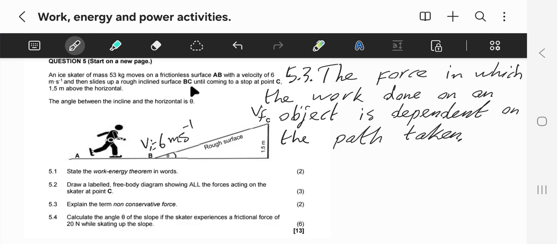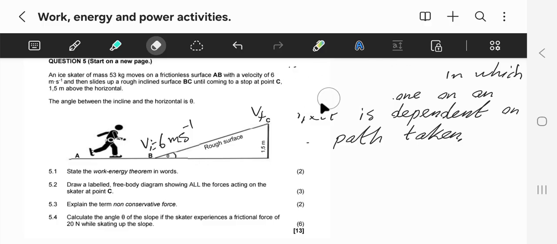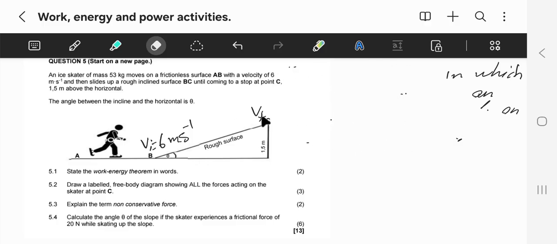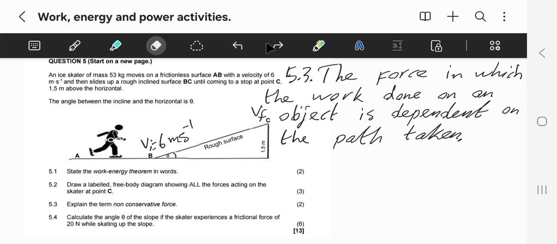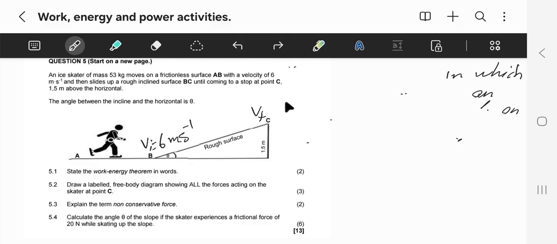Based on the fact that we are told that this person comes to a stop at point C, it means that the velocity at point C, which is the final velocity, will be equal to 0, right? So the final velocity here will be 0 meters per second.